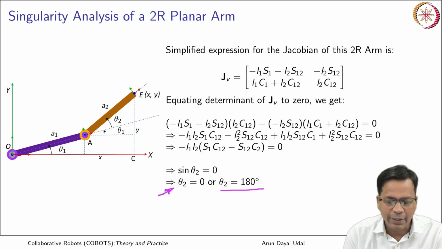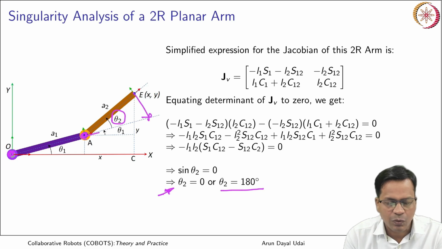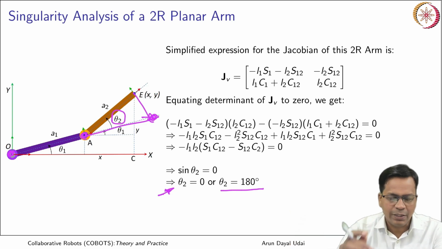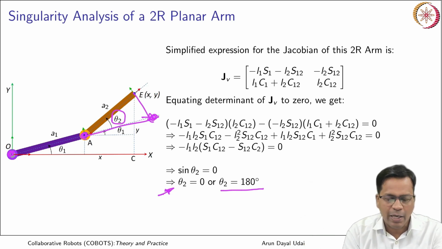Okay, so where are they? Theta 2 becoming equal to 0, that means the whole of the robot goes to a straight line. Okay, straight linear. In that case it is boundary singularity, that is what is happening.